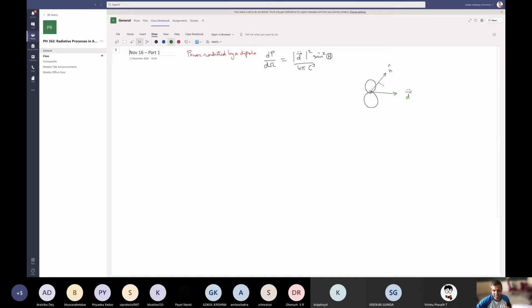And this angle is this capital theta. Basically what this formula says is that the power radiated in this direction, capital theta, is given by this, right? It's obvious, right? If you're looking from here, the acceleration is along the line of sight, and if you recall, your electric field in radiation was proportional to beta dot perp, right?